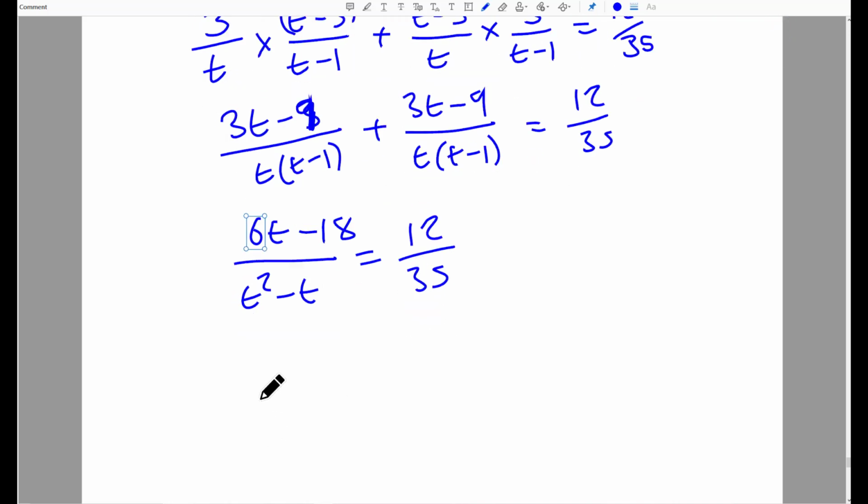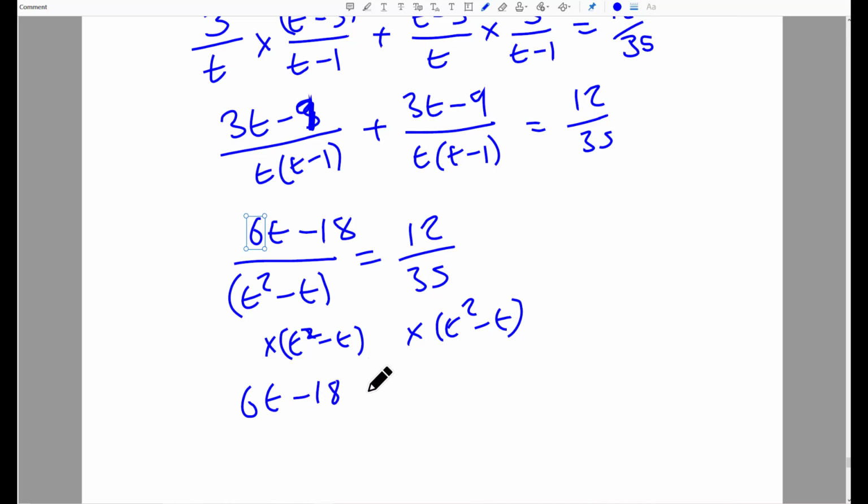I'm going to multiply both sides by this. I would normally jump a step here if this was me, but I'm just going to show you every step so you know what's going on.